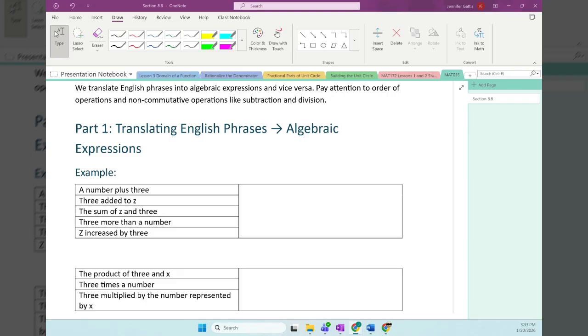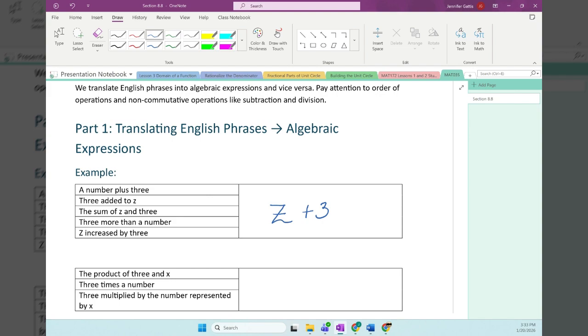So, the algebraic expression in all of these would be some number z plus 3.